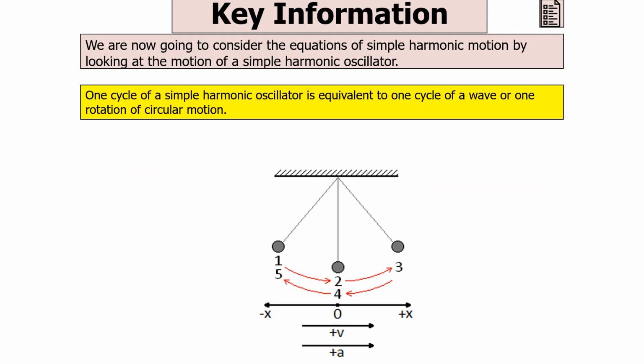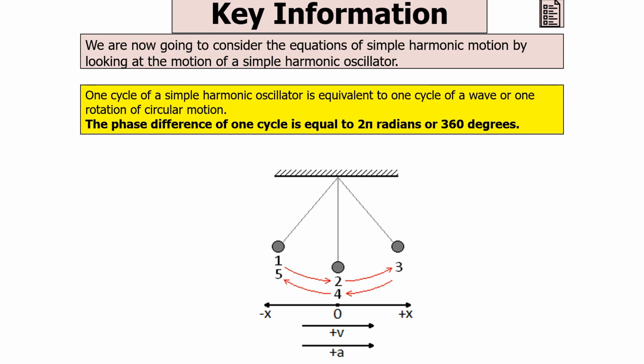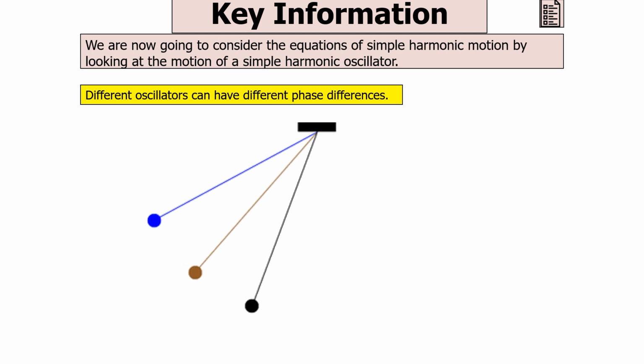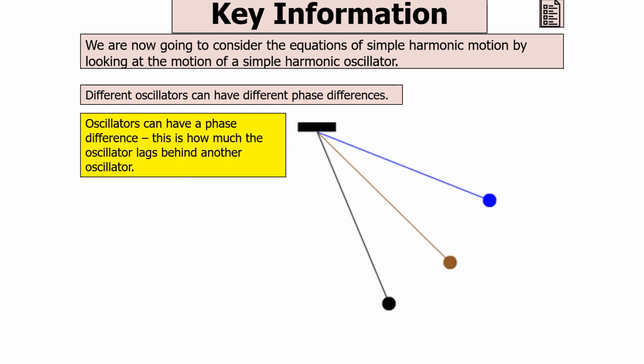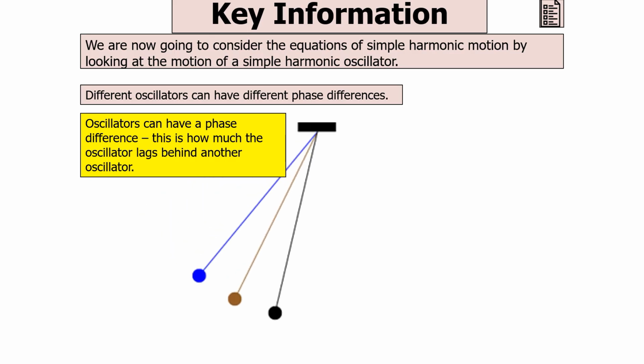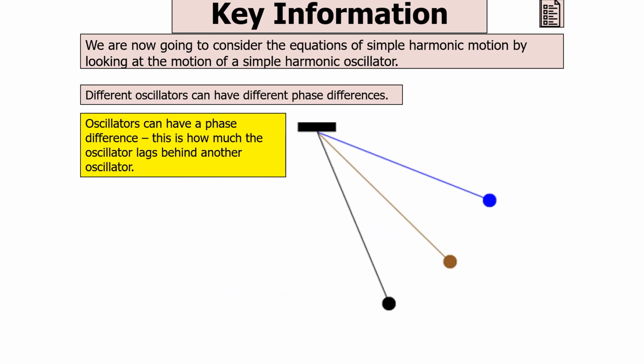Now one cycle of the simple harmonic oscillator is equivalent to one cycle of a wave or one rotation of circular motion. This indicates to us that the phase difference of one cycle is equal to 2π radians or 360 degrees. Now different oscillators can have different phase differences as shown in the following animation. Oscillators can have a phase difference, which is how much the oscillator will lag behind another oscillator.